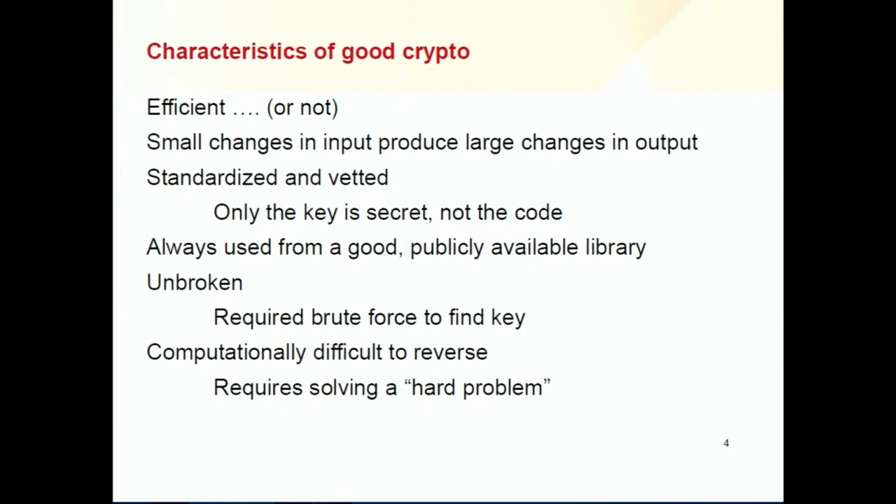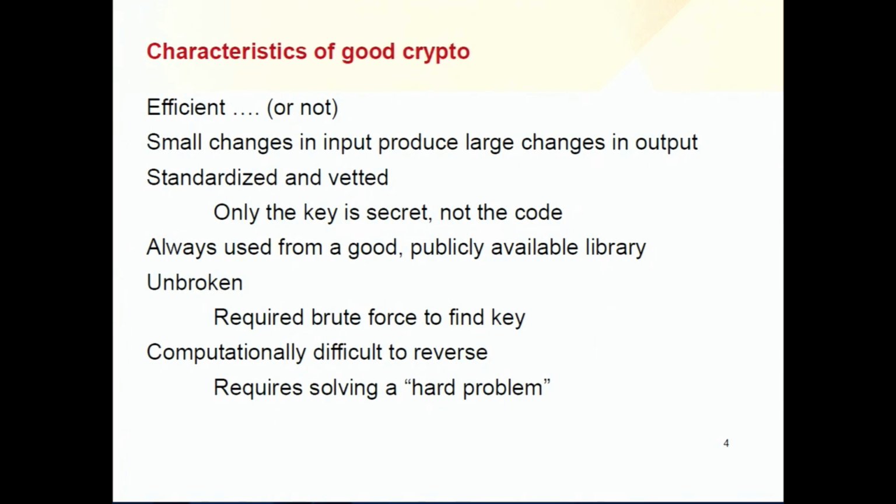It should be unbroken. Unbroken means that it's very difficult to actually come up with what the key is. Usually it requires basically a brute force attack that is proportional to the size of the key. If you can trim that down so that you can actually discover the key in much less time, then it's considered broken.